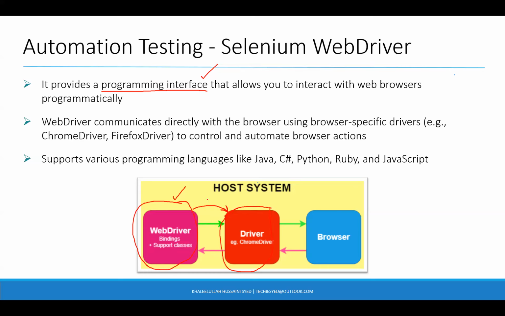To do that, it converts all the commands into JSON and forwards them with the help of the JSON wire protocol. And then the browser driver is going to use the native browser API to interact with my browsers.